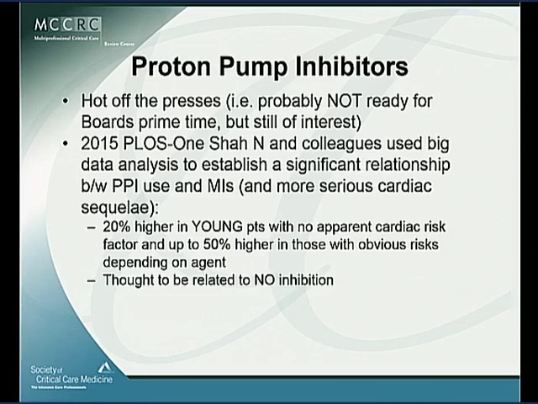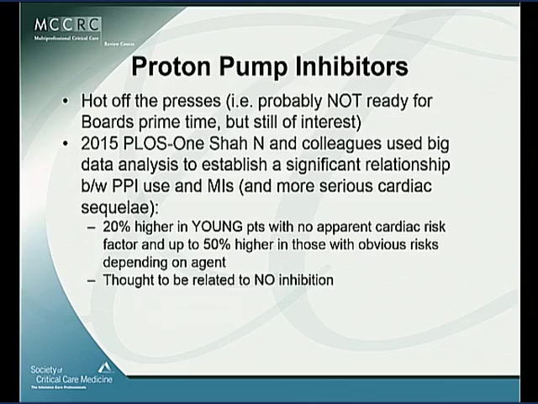This is the 215+1 study that used big data to establish this relationship, and established a pretty significant relationship between the use of PPIs, once again not specific to the ICU, and MIs, and interestingly, higher in young patients without any apparent cardiac risk factors, and even higher in those with obvious risk factors.